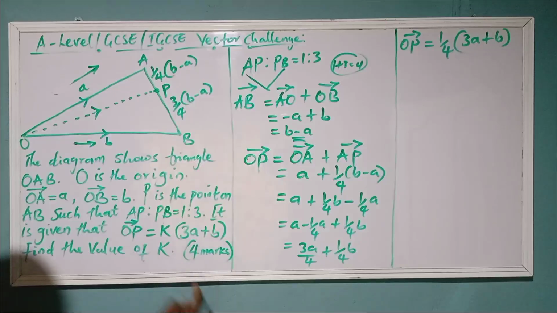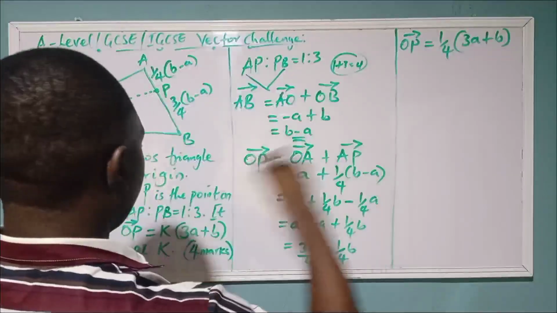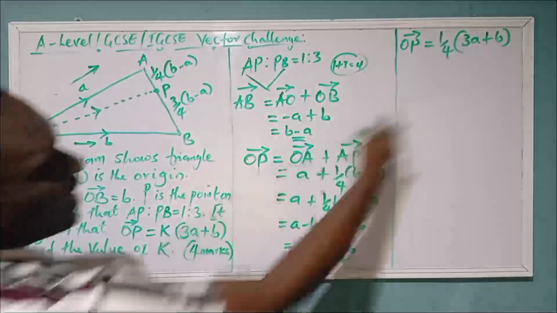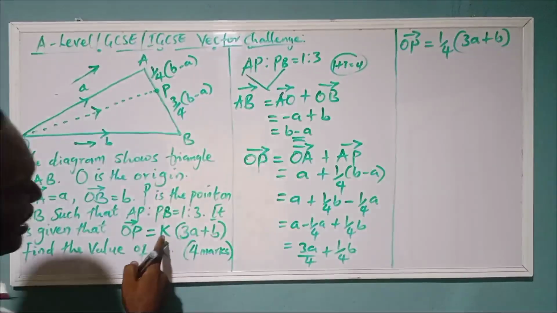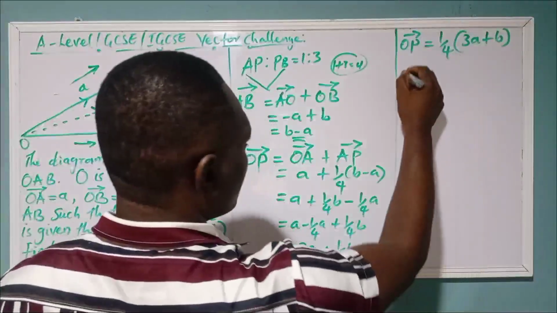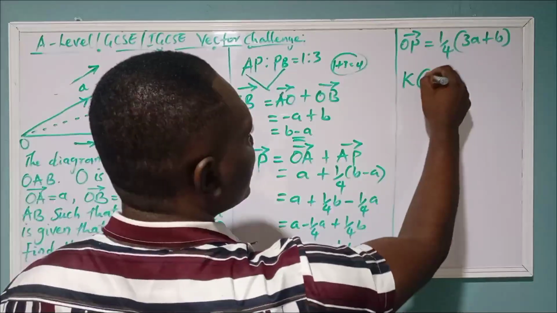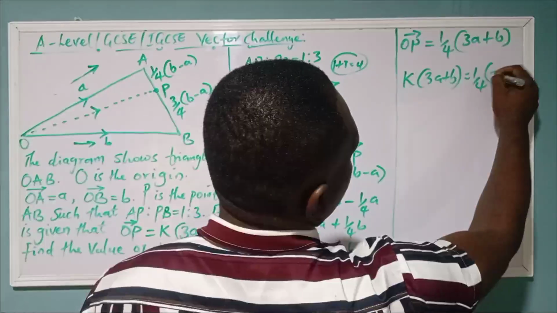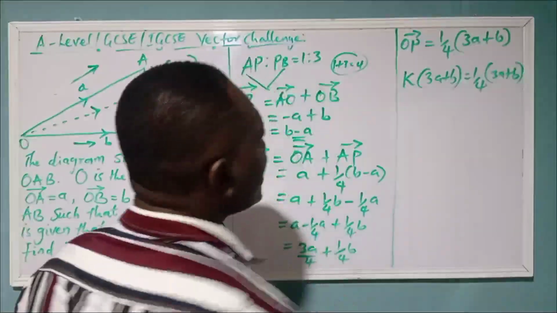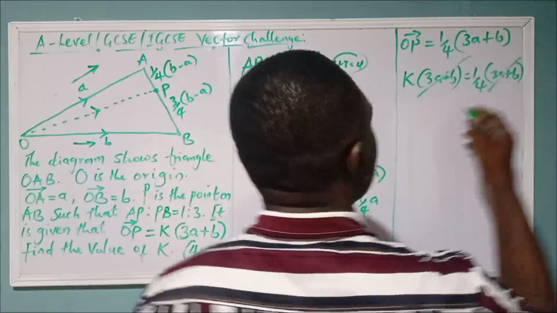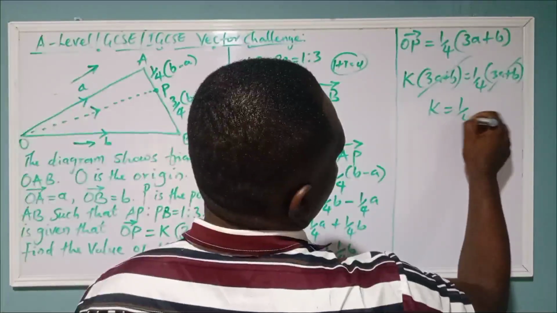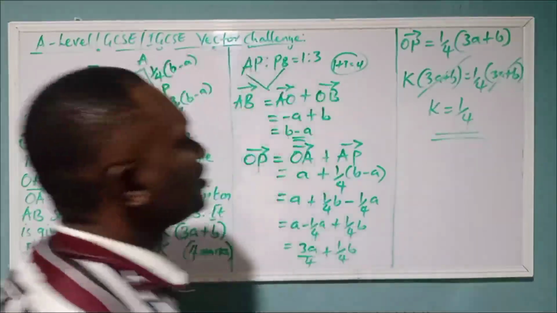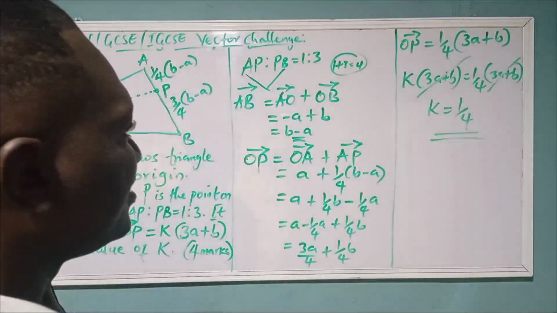So if that is the same as this, OP equals OP, that means K into (3A plus B) is equal to 1/4 into (3A plus B). So if we cancel through, our K will be equal to 1/4. So this is how you work it, as easy as ABC.